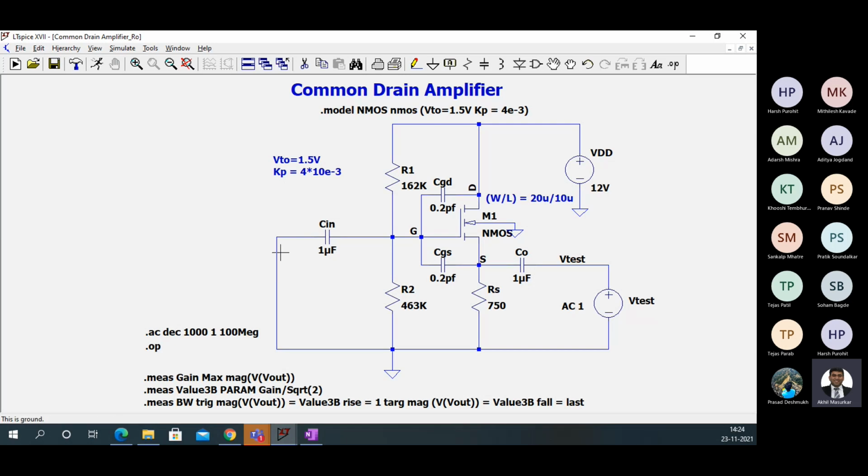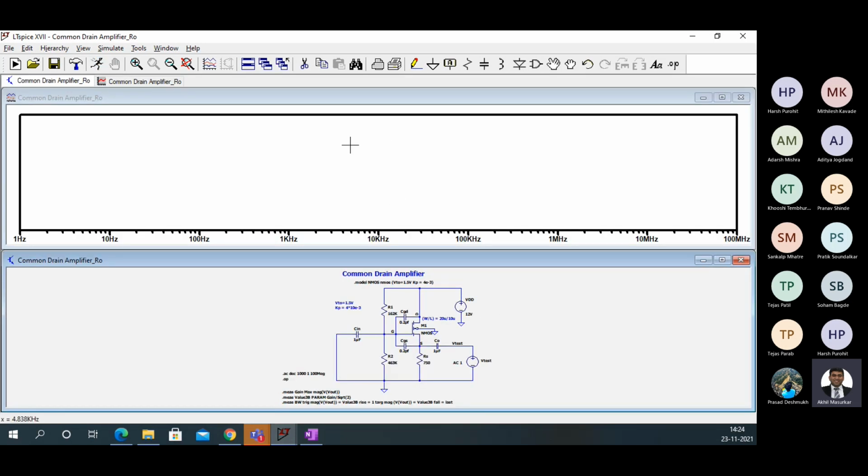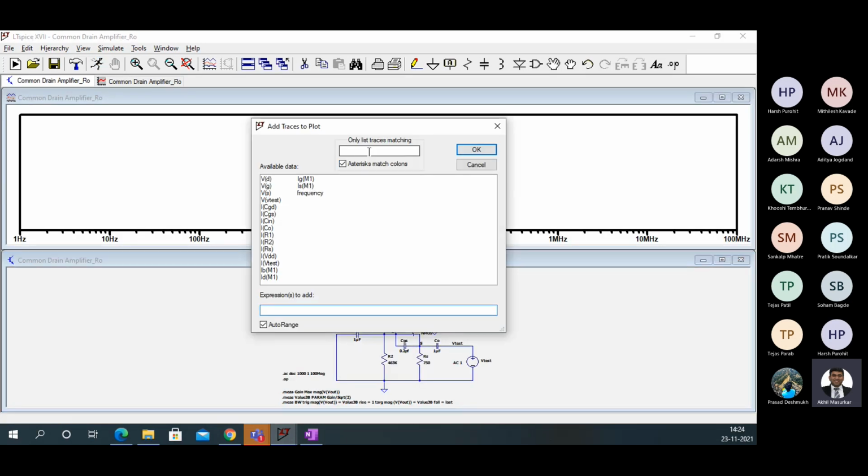So now you have to make V in 0 and apply the V test on the output side, run it, and then add trace here.